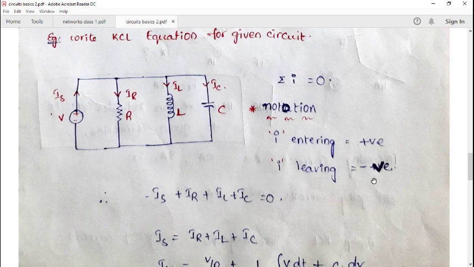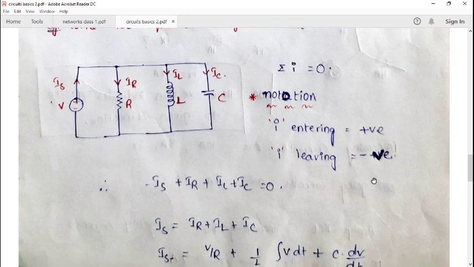When current is leaving, we'll take it as negative. So what is the Kirchhoff current law, friends? Algebraic sum of currents at a node is 0. Let us consider this particular node, and apply KCL here.